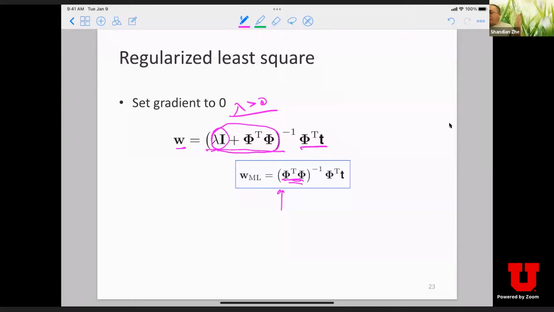If your lambda is not too small, for example 0.1 or 0.01, taking the inverse won't give you huge scales. It will make the inverse much easier and give you a much more reasonable inverse of the matrix. This is from the numerical perspective. Does it make sense?